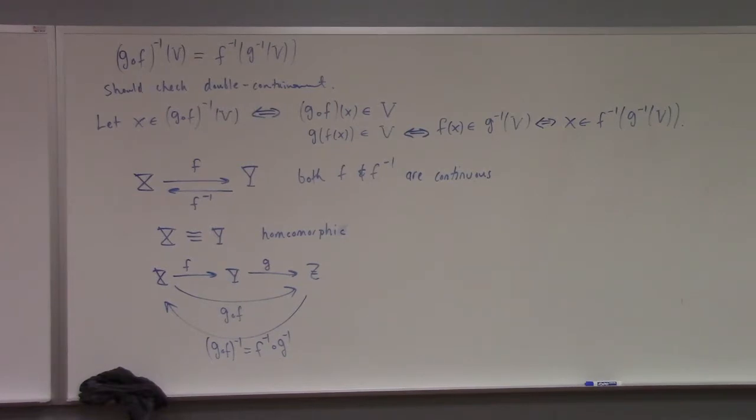A T1 space means that for distinct points X and Y, there exist U, V open, such that X is in U and Y is not an element of U.